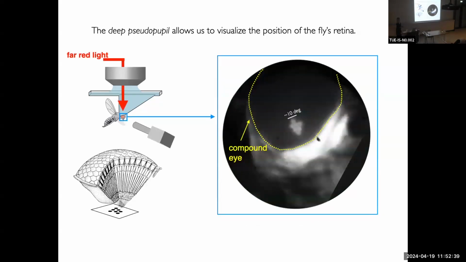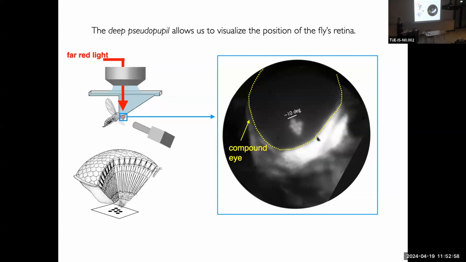And it's quite easy to see: it's sufficient to shine red light through the head of the fly and point a normal air objective onto the eye, and you'll see this deep pseudopupil. And if you're so inclined, you can count the individual photoreceptor cells.